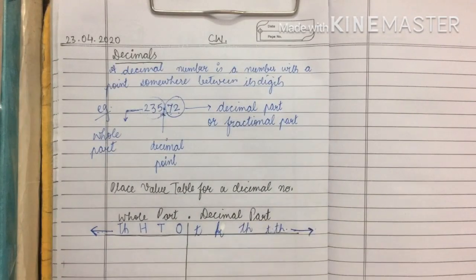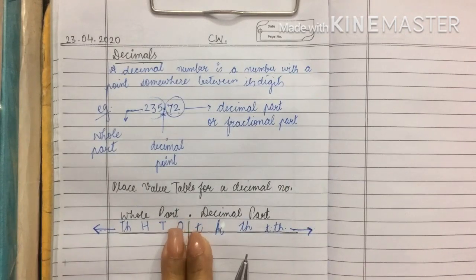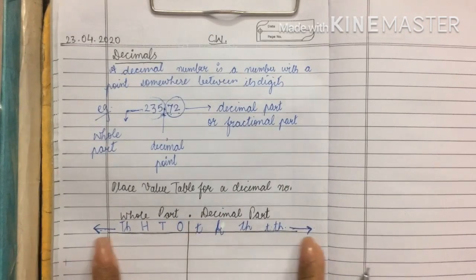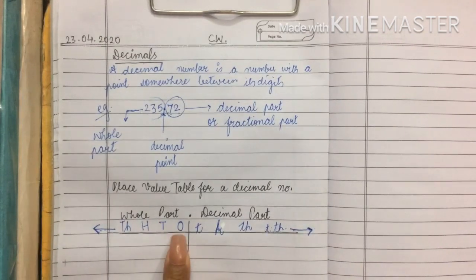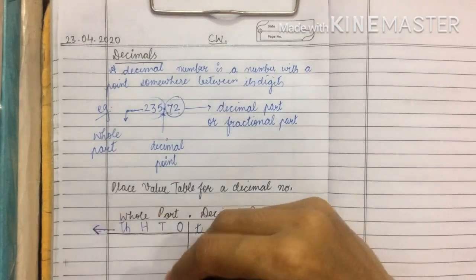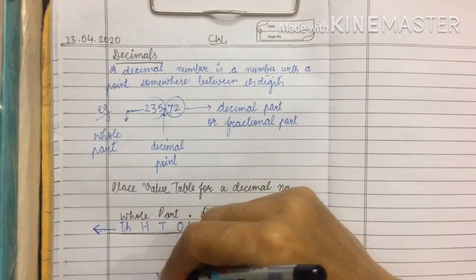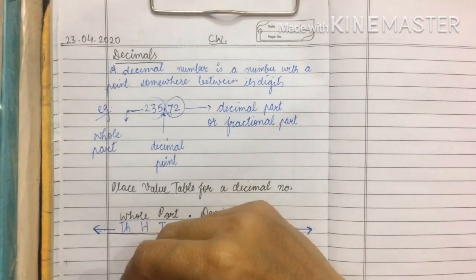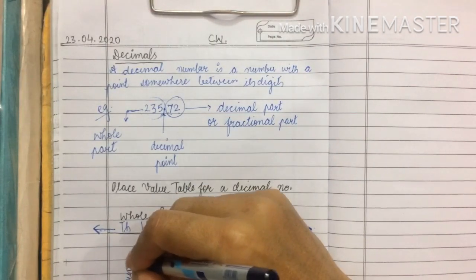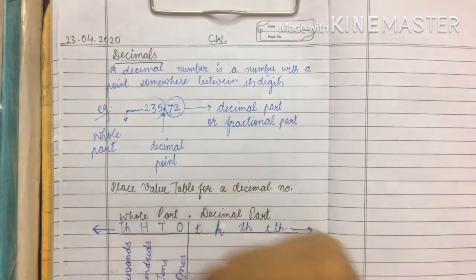Let's write down. Now just remember that from the point we go away, this is how the places increase. You go away from the point. In the whole part you have ones place, but that is not so in the decimal part. So this is ones, then this is tens, you have your hundreds, then you have thousands, and so on.